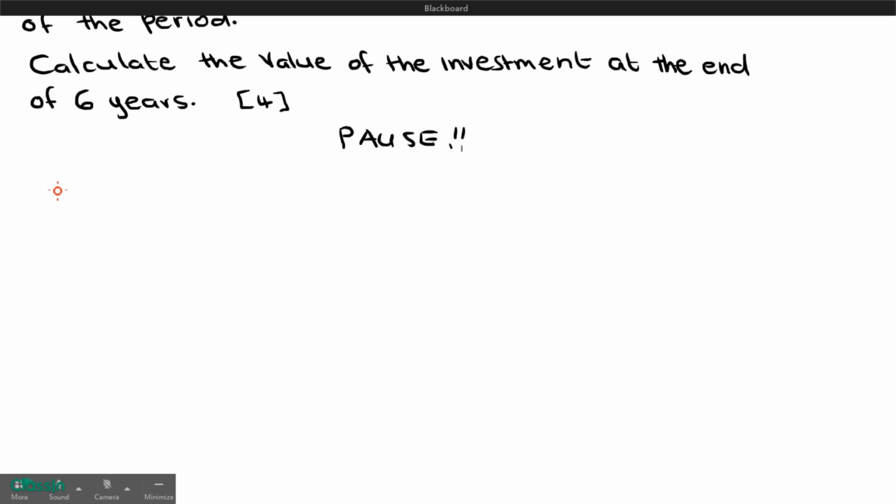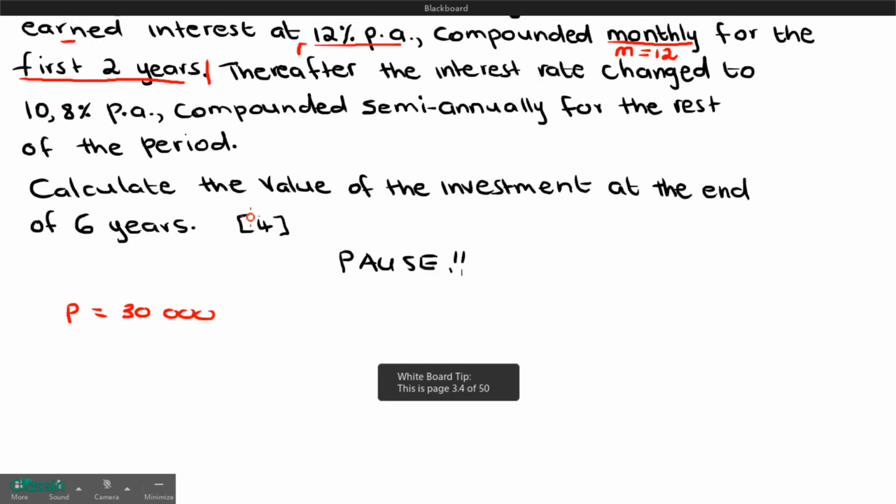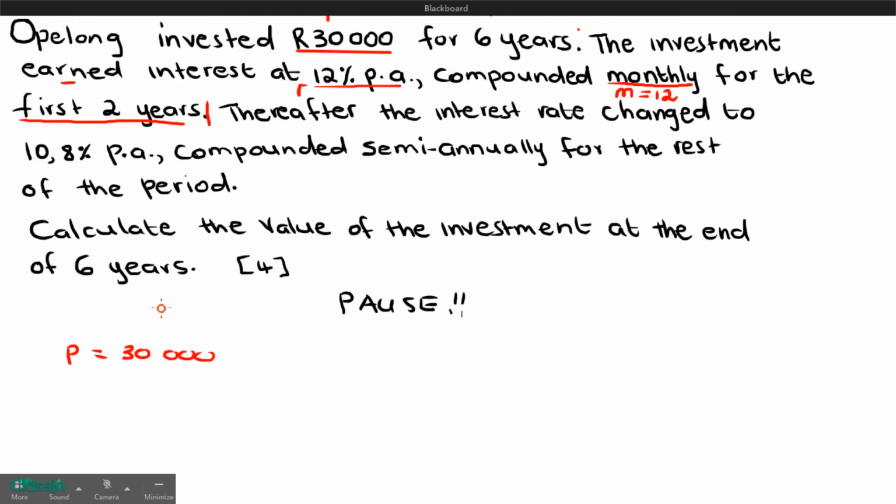So here it says that the value of P, we agree that is 30,000. Now, looking at the statement again, the investment ran for a period.